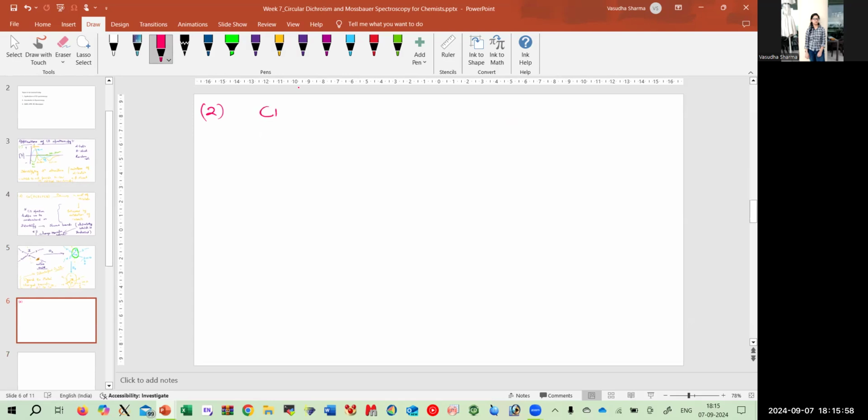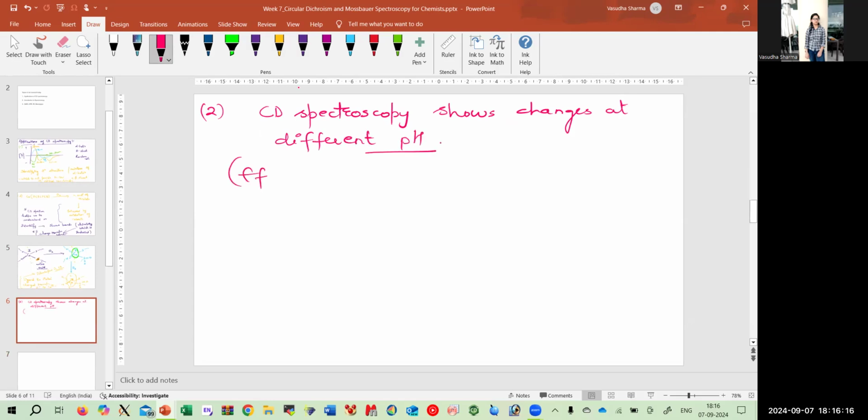since we know that CD spectroscopy shows changes at different pH, so that is easy to comprehend, like the effect of pH on the rate of catalysis, whether it is increasing the rate, decreasing the rate, or it is remaining constant.